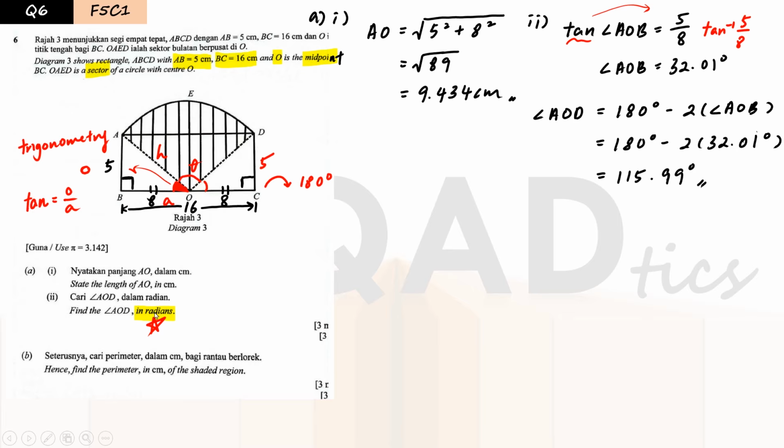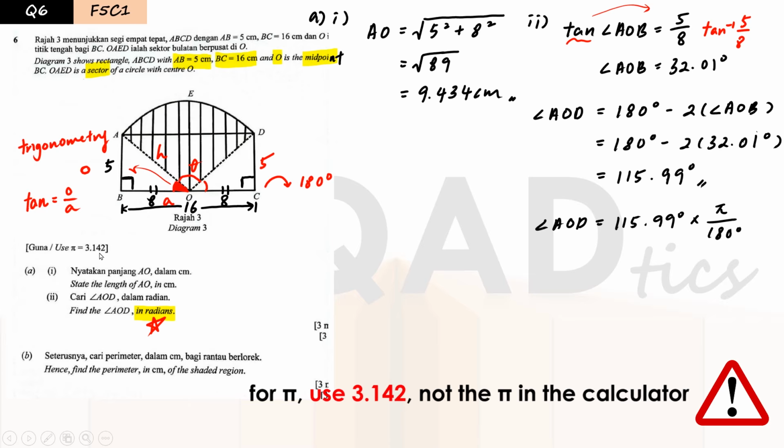Okay, so to change it into radians, what we need to do is to do two things. First thing is to multiply pi. Second thing is to divide with 180 degrees. Alright, so for the pi, please make sure to not use the pi in the calculator. Please use the value which is given here, 3.142. Alright, so in our working, yes, we are writing pi, but when we type into the calculator, please type 3.142.